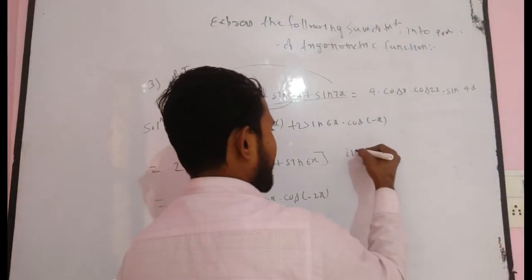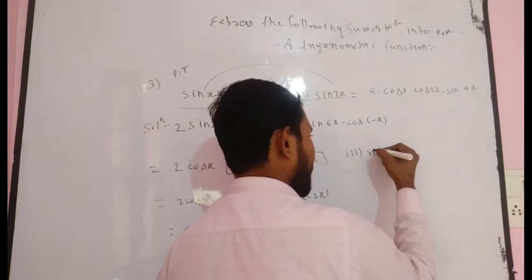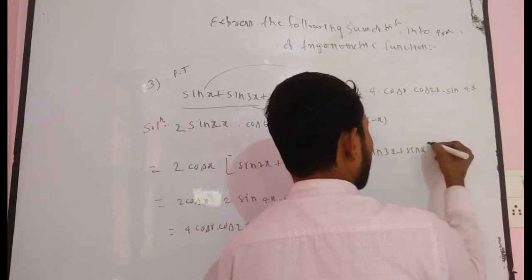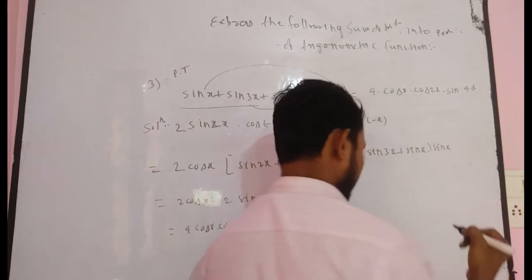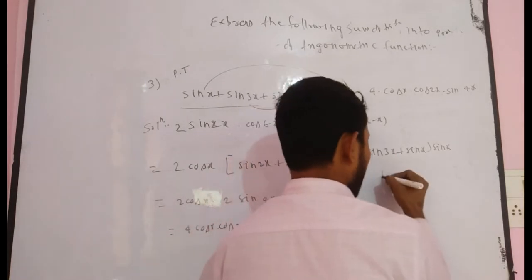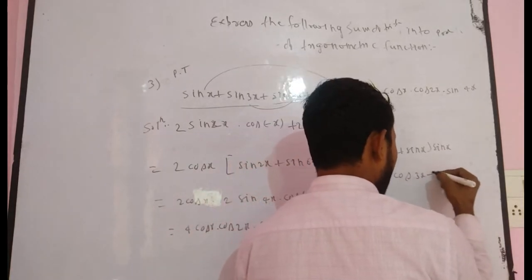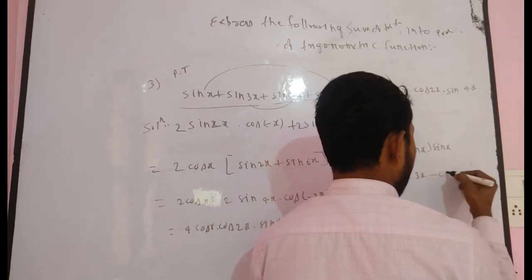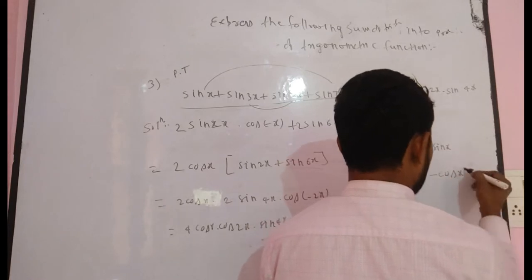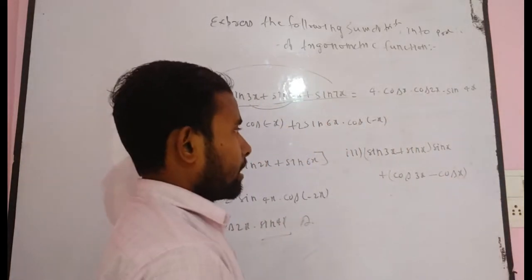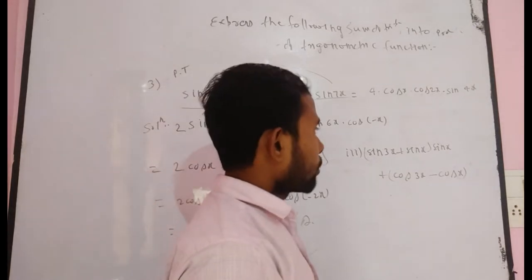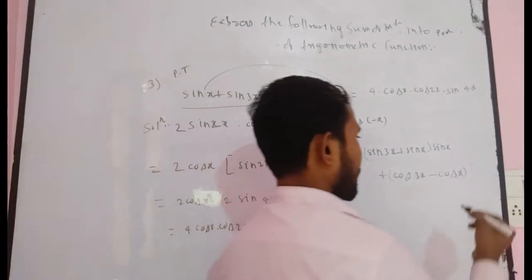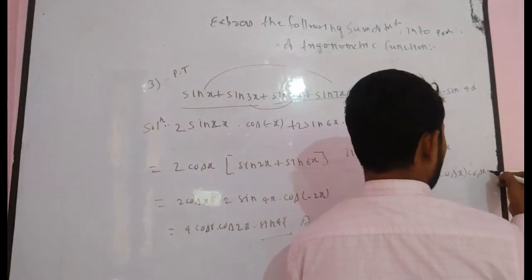In the next example, it is given that you have to prove that sin 3x plus sin x into sin x plus cos 3x minus cos x into cos x is equal to 0.